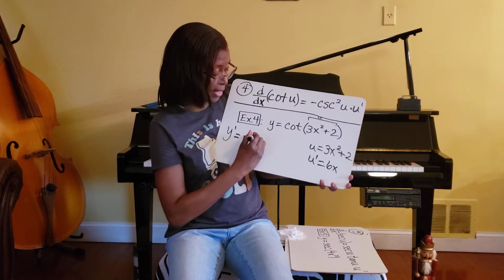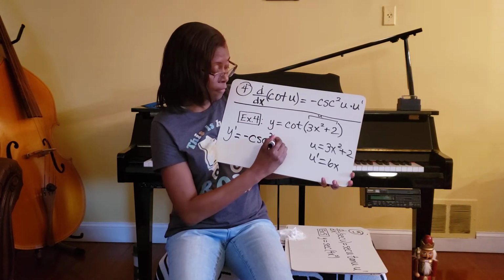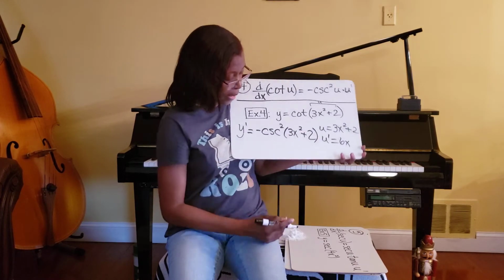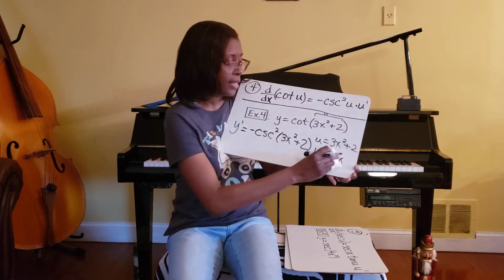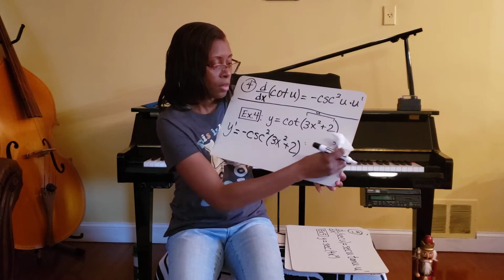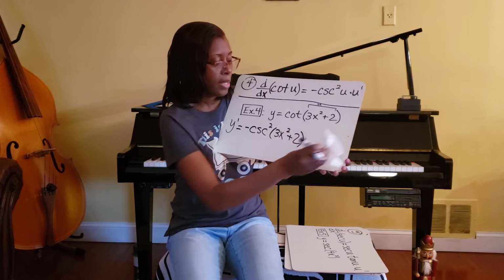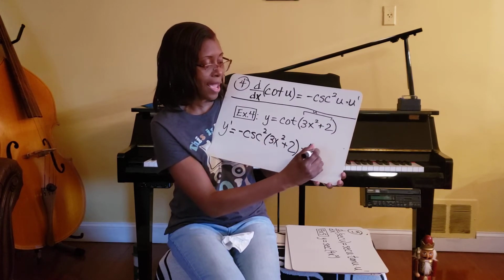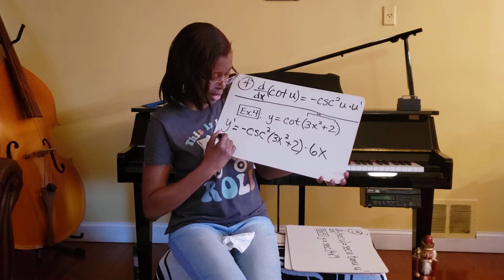Negative cosecant squared of the u, we leave it the same. And what was our u prime? Our u prime was the derivative of this, which was 6x. So how do we rewrite that, everybody?